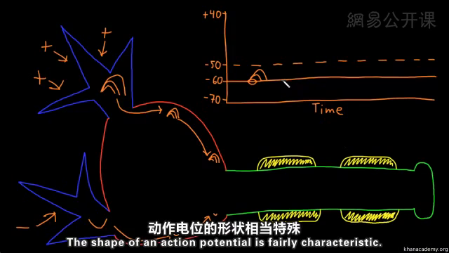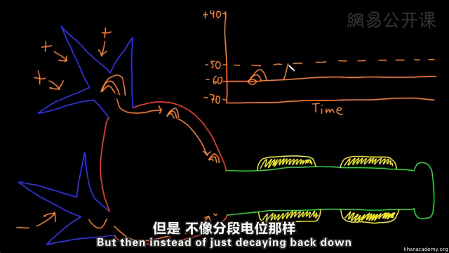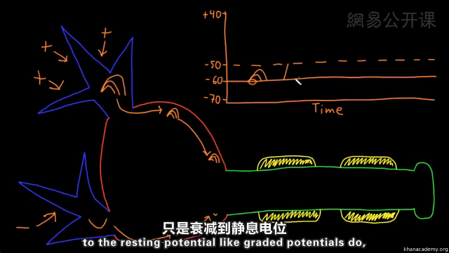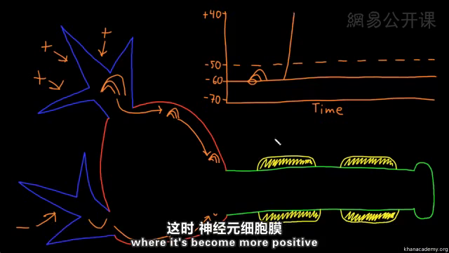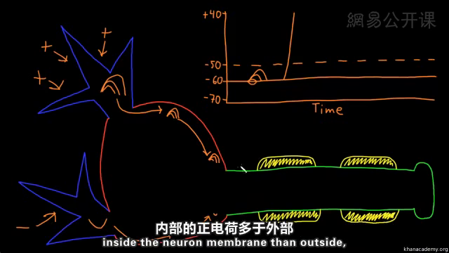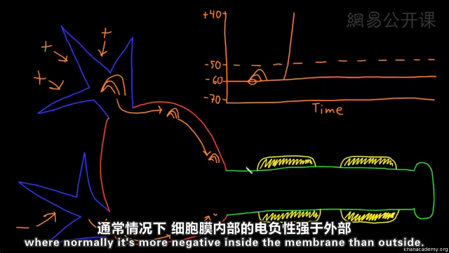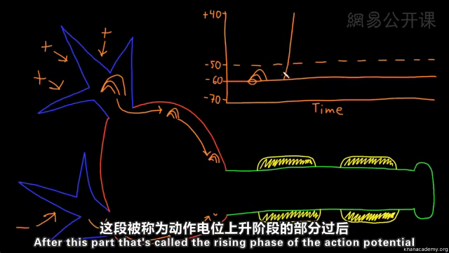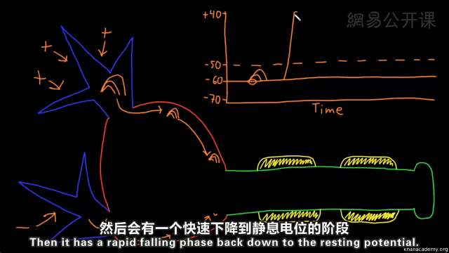The shape of an action potential is fairly characteristic, so it starts with summation of graded potentials getting it to the threshold value, but then instead of just decaying back down to the resting potential like graded potentials do, it has this huge rise to a very positive membrane potential where it's become more positive inside the neuron membrane than outside, which is the reverse of normal, where normally it's more negative inside the membrane than outside. After this part, that's called the rising phase of the action potential, it has a short plateau, then it has a rapid falling phase back down to the resting potential.